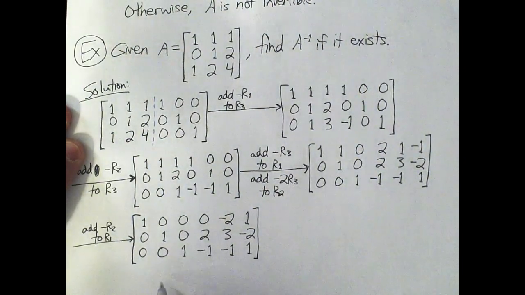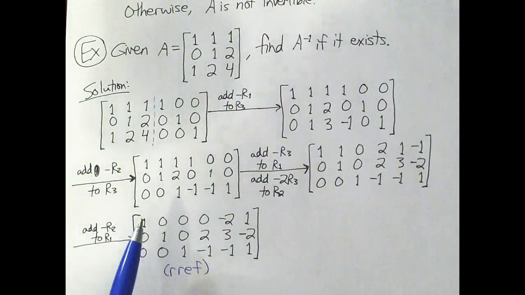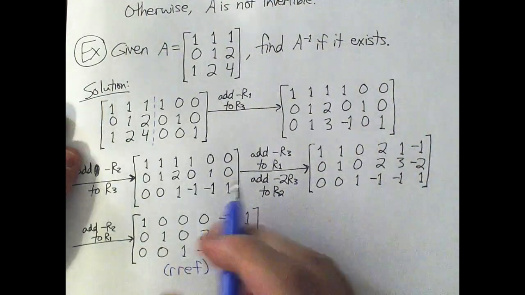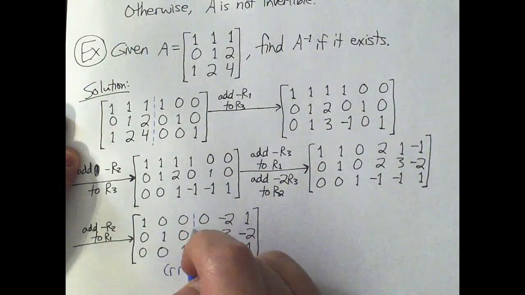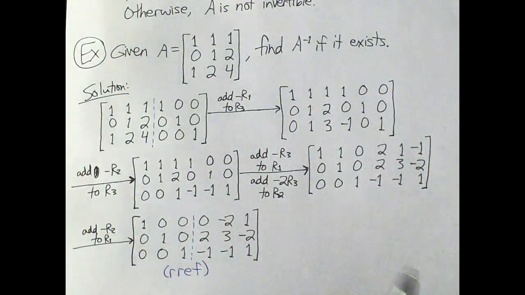We did it. We got reduced row echelon form because every leading entry is a 1, and every number above and below each leading entry is a 0. And look at that, didn't we get the identity matrix? I'll put the little line here again. We're done with step 2 because we did reduced row echelon form.